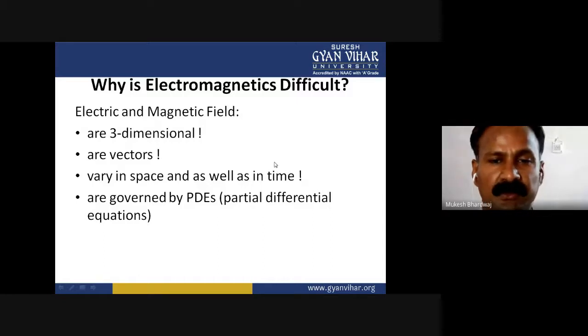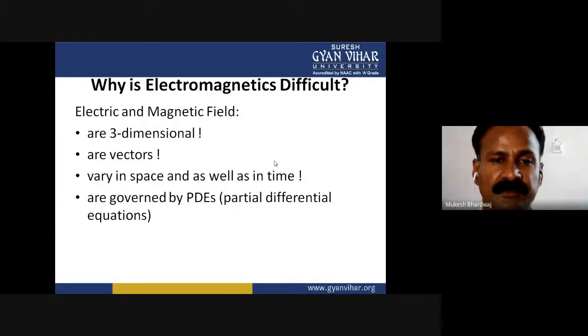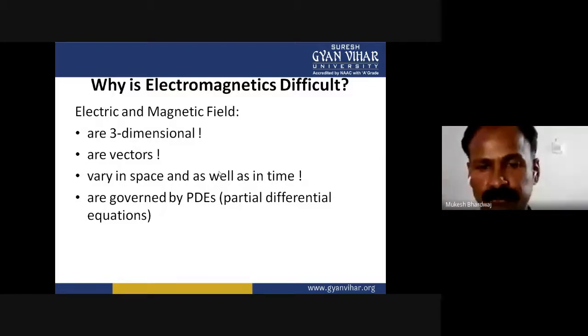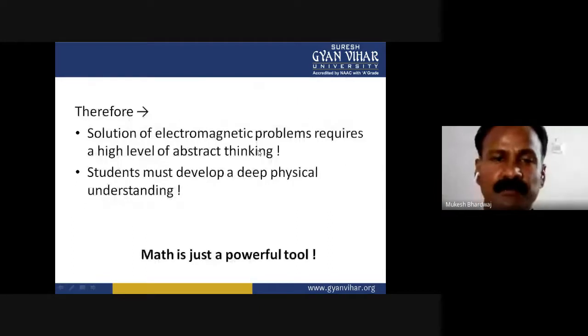We are well aware of vector quantities, vector theory, and Cartesian coordinates, because it is a three-dimensional effect of the electromagnetic wave, varying in space as well as in time. And most importantly, the mathematical tool, partial differential equations, is used to govern electromagnetic field theory.